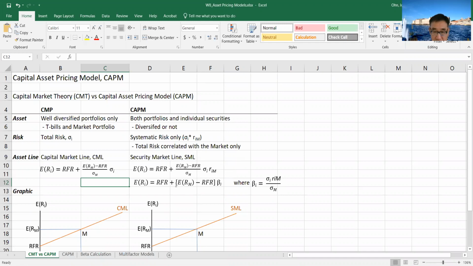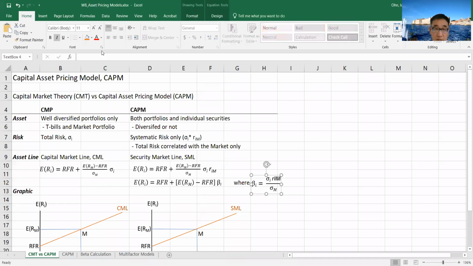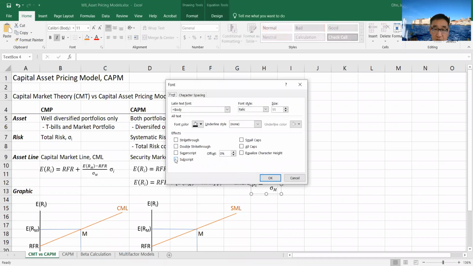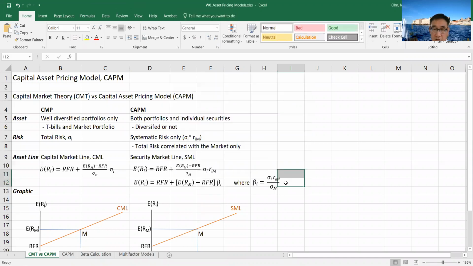And this part, the expected return for the market minus the risk-free rate, is the market risk premium. But the rest, sigma times rho_iM, with the subscripts, the correlation between the stock and the market portfolio divided by the market standard deviation, is called beta.